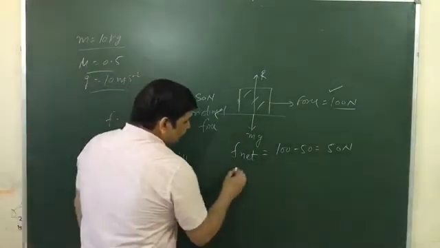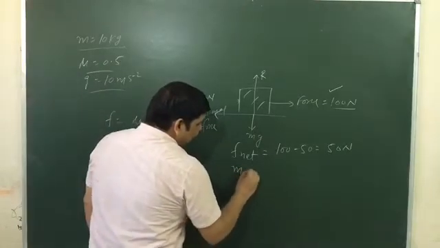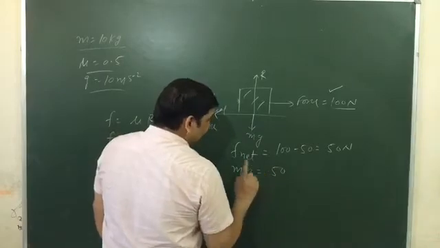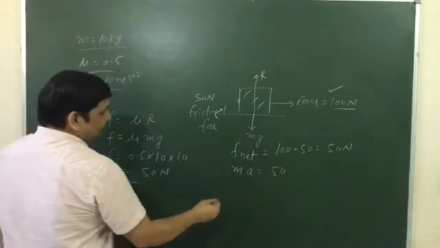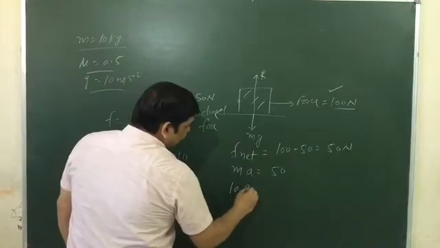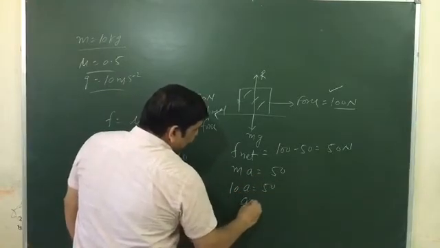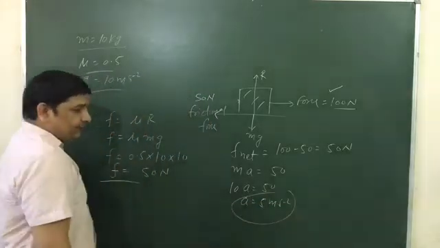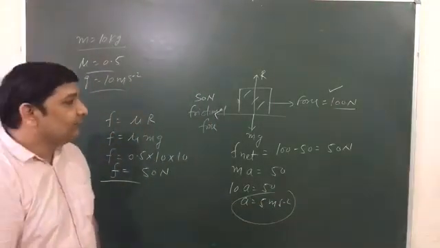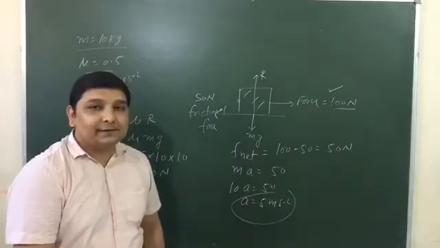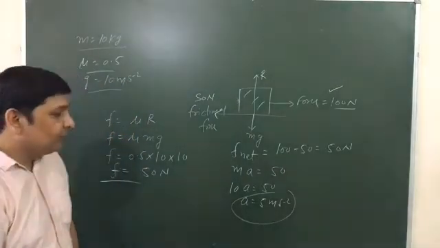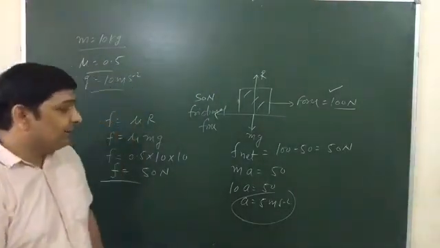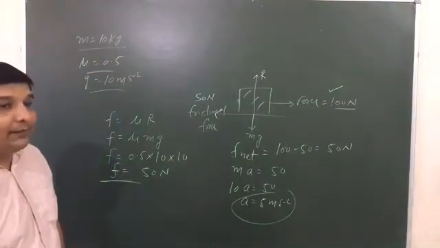Force is given by mass into acceleration. Mass into acceleration is 50, mass is given 10, so a will be equal to 5 meter per second square. Therefore, acceleration is 5 meter per second square.